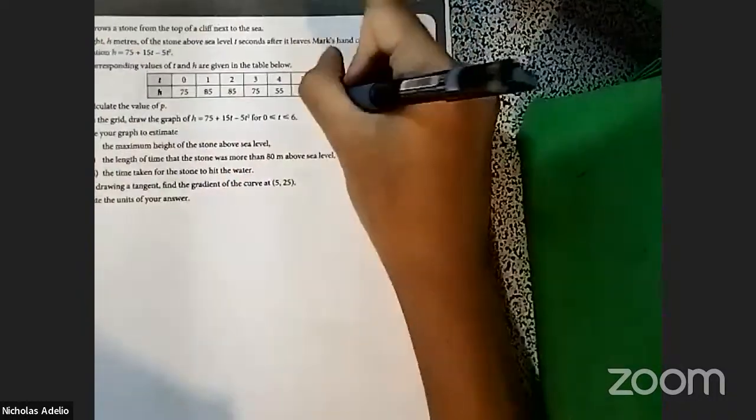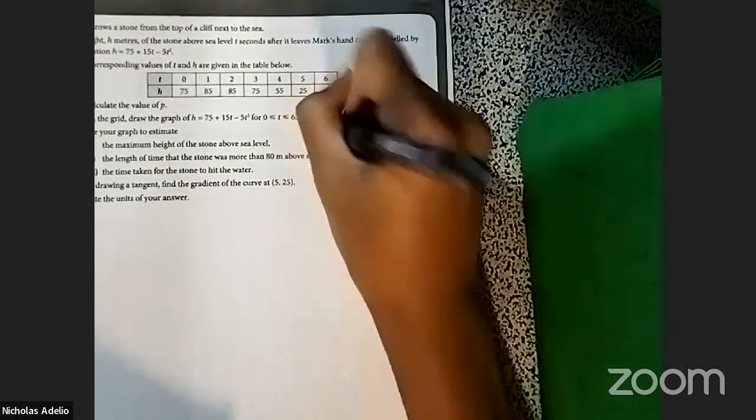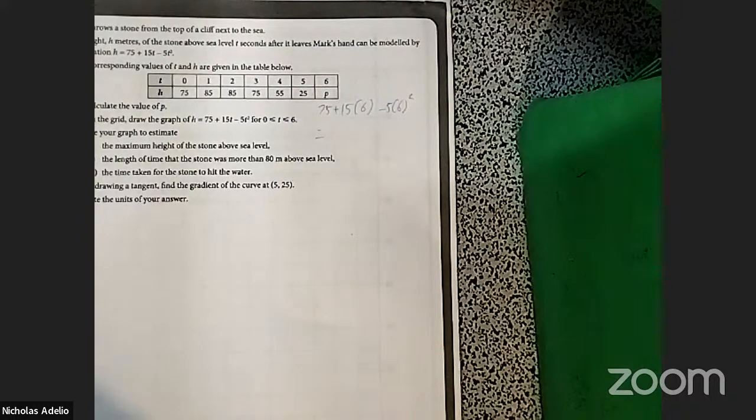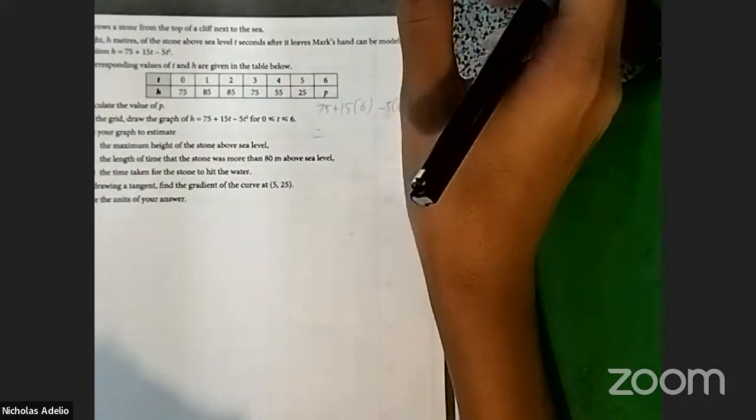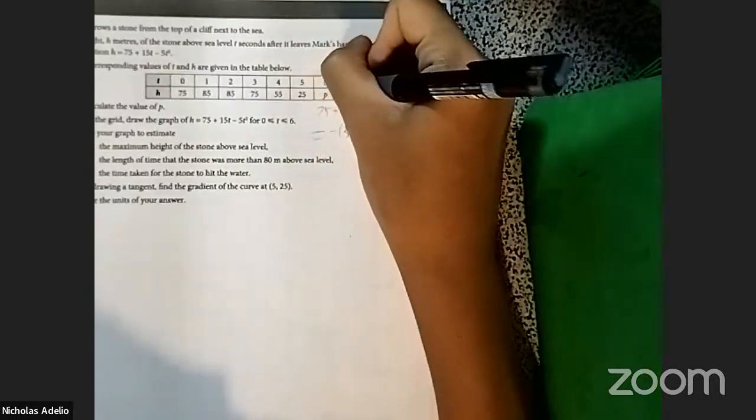And I forgot to do the T6. 75 plus 15, 6 minus 5, 6 squared minus 15. So it's T6, H negative 15. But let me redo the screenshots.